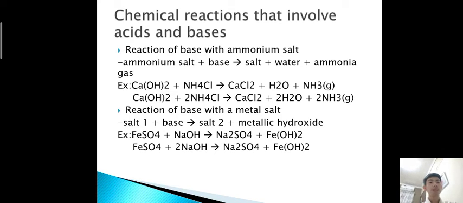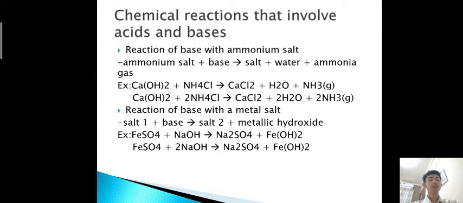Then it becomes Ca(OH)2 plus 2 NH4Cl forming CaCl2 plus 2 H2O plus 2 NH3 in gas form, or ammonia gas. We put coefficient 2 in there so that it balances the reaction.